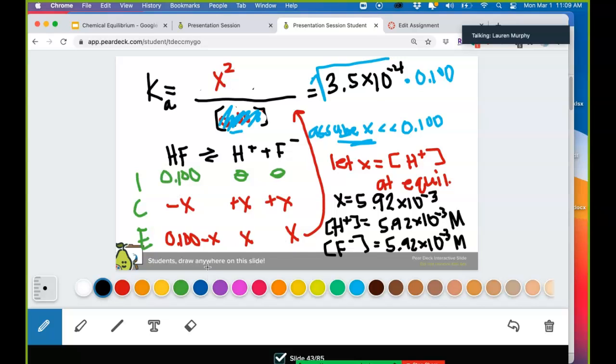Now, for the HF, I have to take 0.1 and subtract the X, 5.92 times 10 to the negative 3. And it does change it a little bit. It's 0.0941 molar.